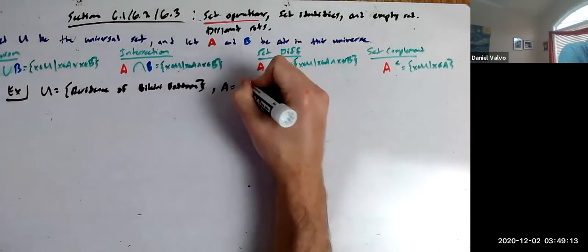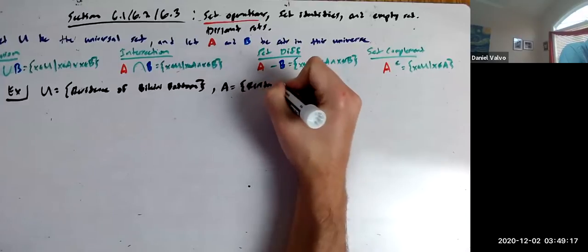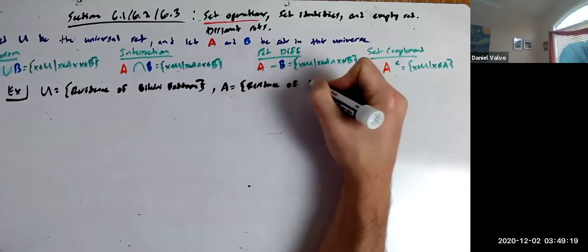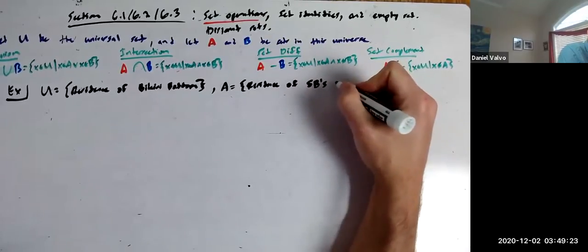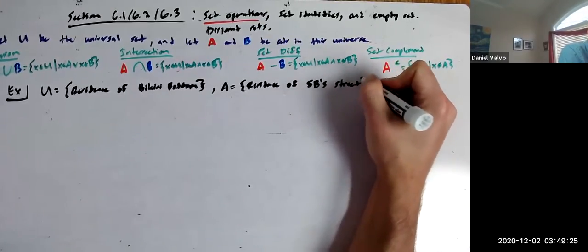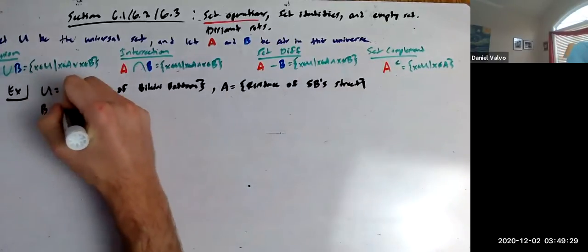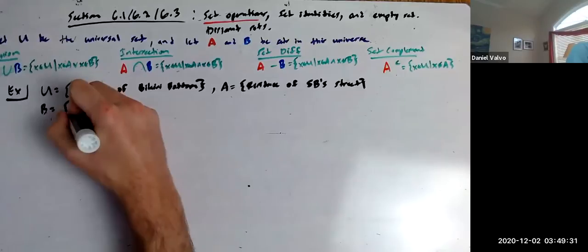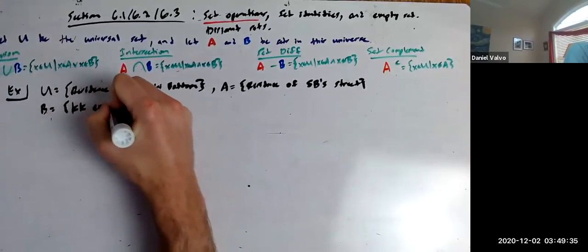We're going to have A equal residence of SpongeBob's street, SB. We'll have B equal Krusty Krab employees, or KK. And then we'll have D equal to aquatic animals.